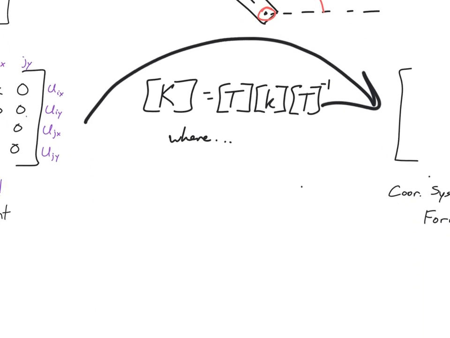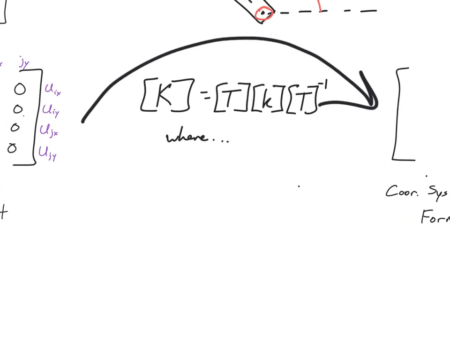So that transformation matrix is this guy. We got cosine, cosine and sine, and we get 0, 0. Let me get those a little bit further apart there. 0, 0.